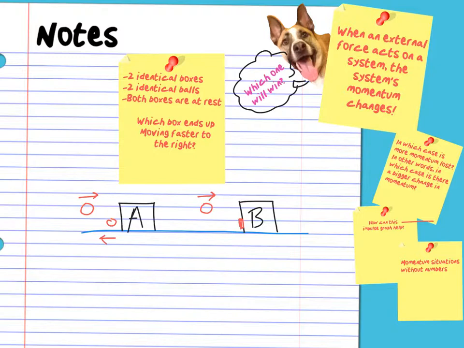They are going to have two balls, just like in the last situation, hit them. One is going to bounce off at the same velocity as when it was hit. The other is going to stick. Which box ends up moving faster to the right? So you're going to pause this for a second and you're going to guess.